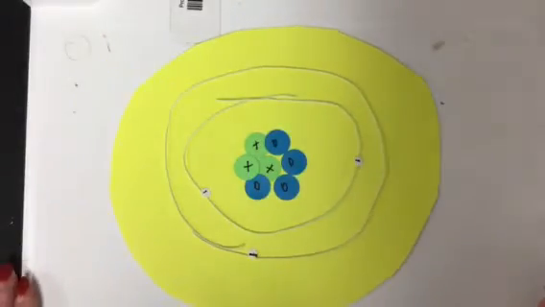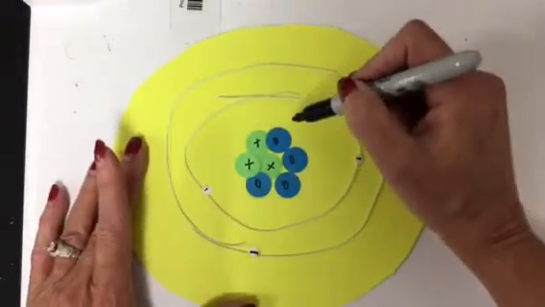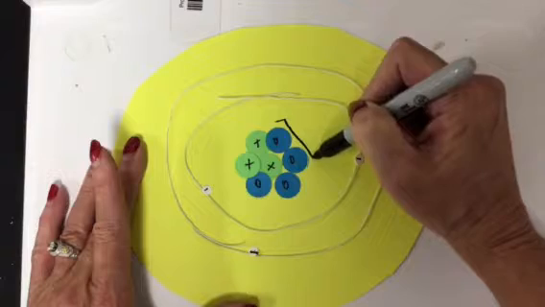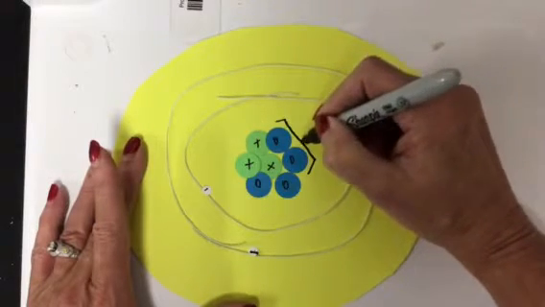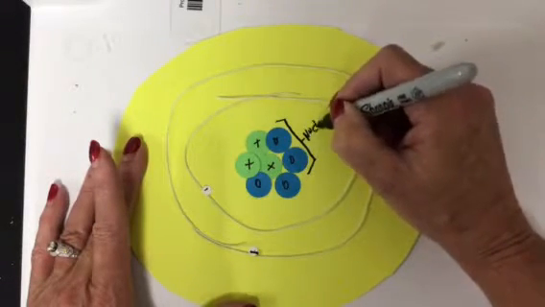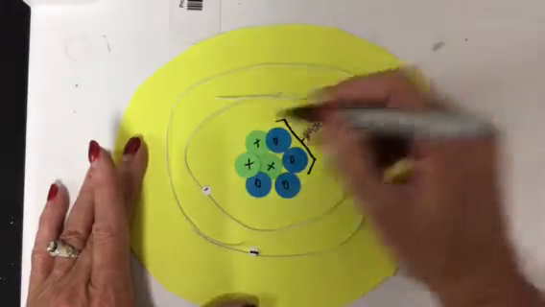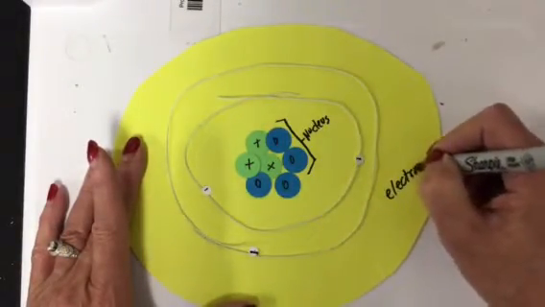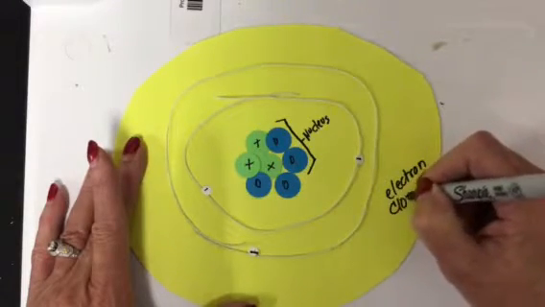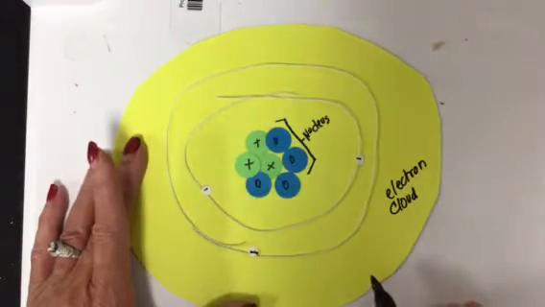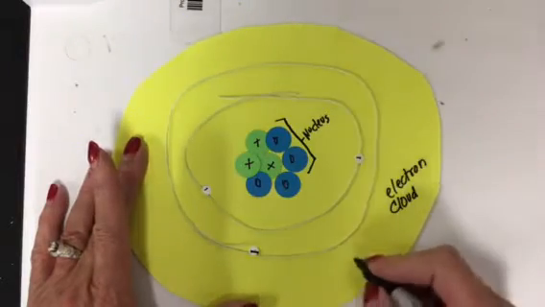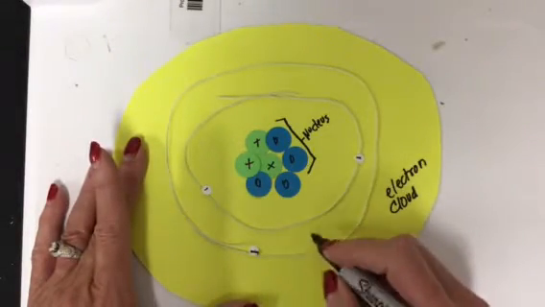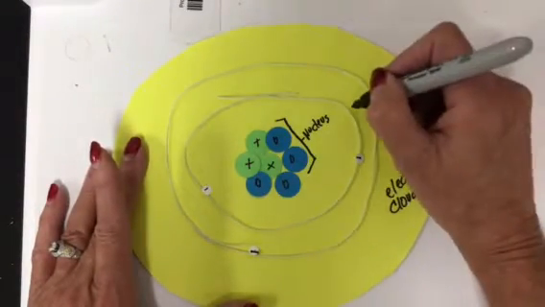So, what have we learned? This central region with the protons and the neutrons is called the nucleus. All the yellow is the electron cloud. Electrons place themselves on energy levels inside the electron cloud.